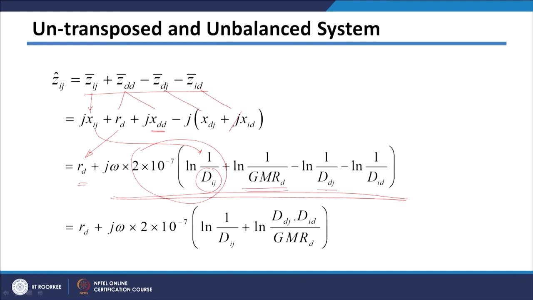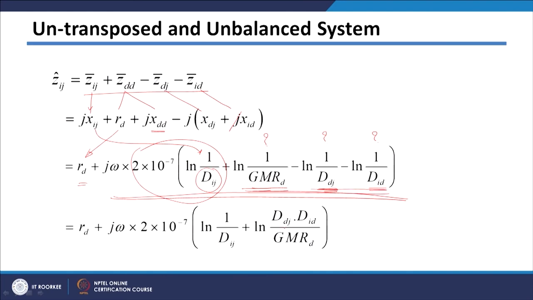This is the distance between ground and conductor j, and this is the distance between conductor i and the ground conductor. Since the earth has enormous dimensions, getting the GMR of earth or the distance between the earth conductor and conductors i and j will be difficult. So, again these three terms will be unknown to us.